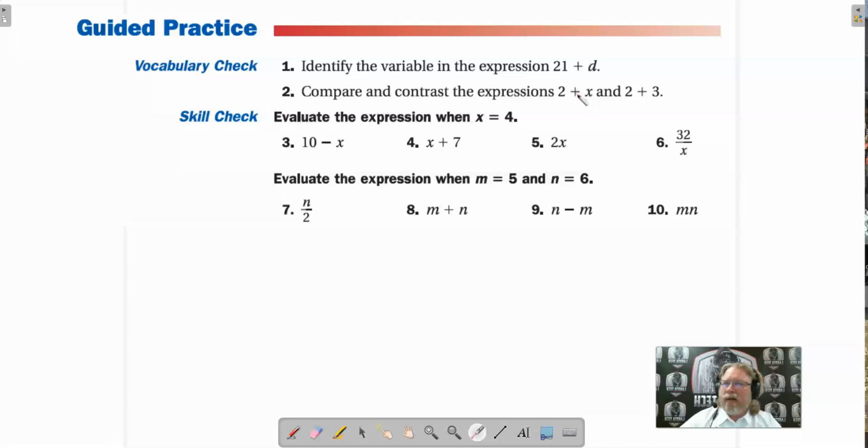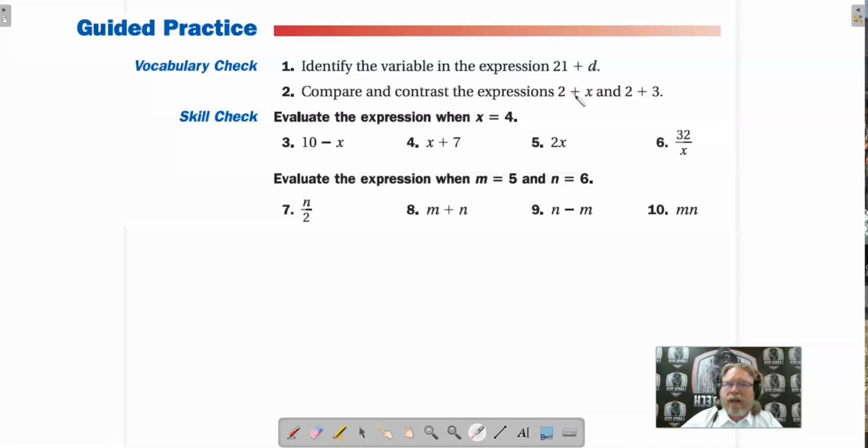Well, they're both expressions because they have numbers and operations. Let's go to the second one first. The second one only has numbers and operations, so it is a numerical expression. However, we have a variable here, so 2 plus X not only becomes an expression, but it is an algebraic expression, or as this text calls it, a variable expression.